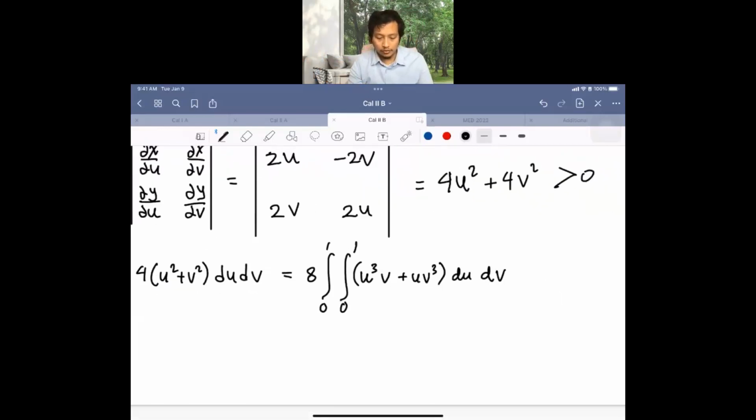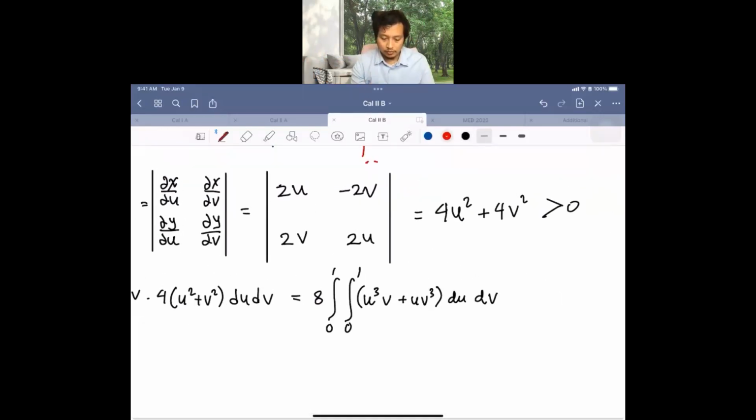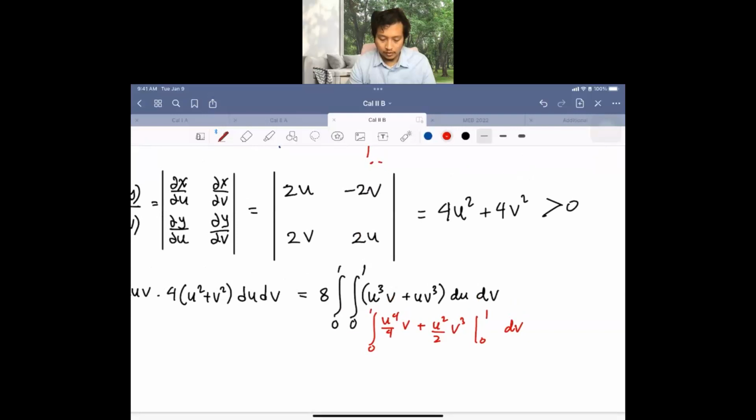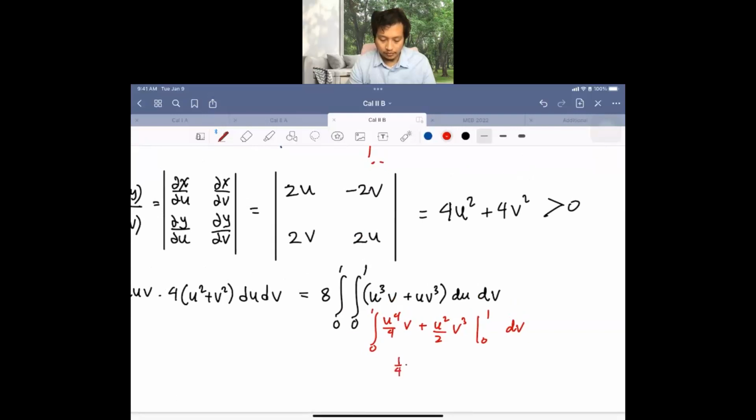Okay, start with the u first. u will be u to the fourth v plus u squared v cubed, and then take 0 to 1. So 1 over 4 v plus half v cubed.